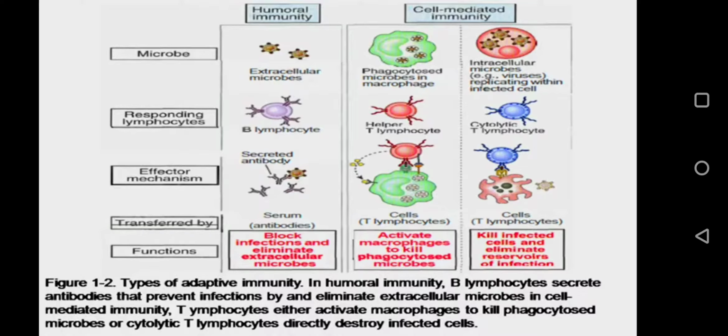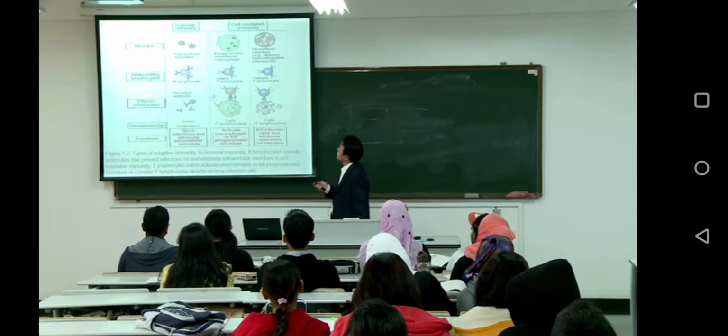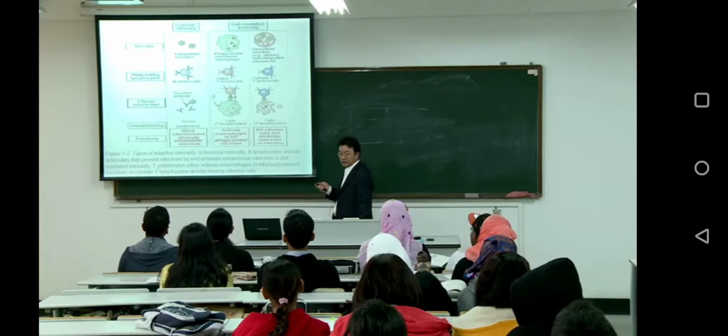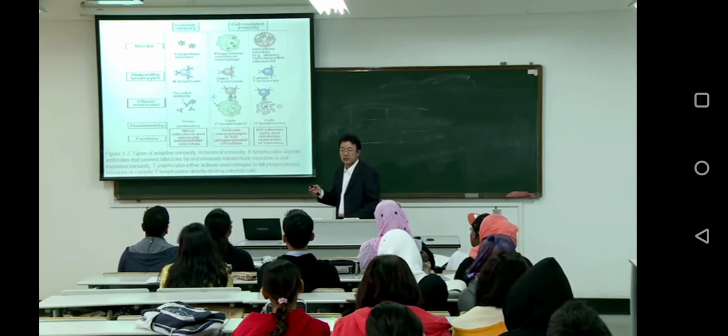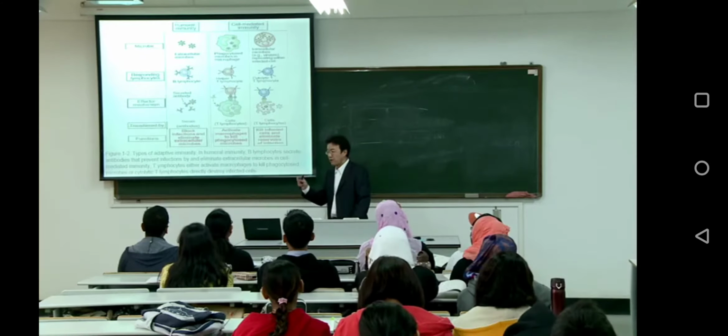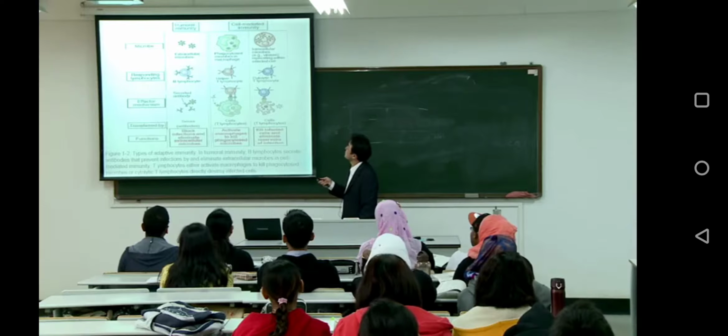So, types of adaptive immunity, humoral and cell-mediated immunity. Microbes binding B lymphocyte, the B cell receptor recognizes the antigen of the microbe.